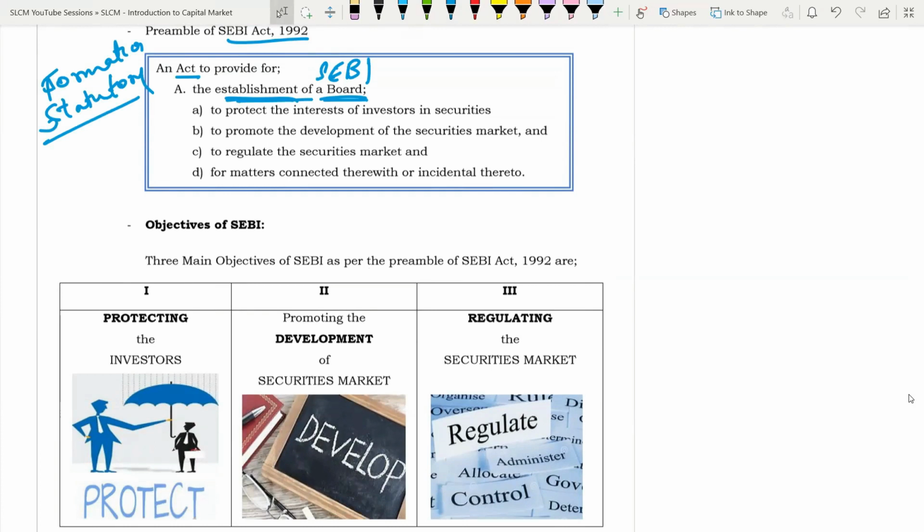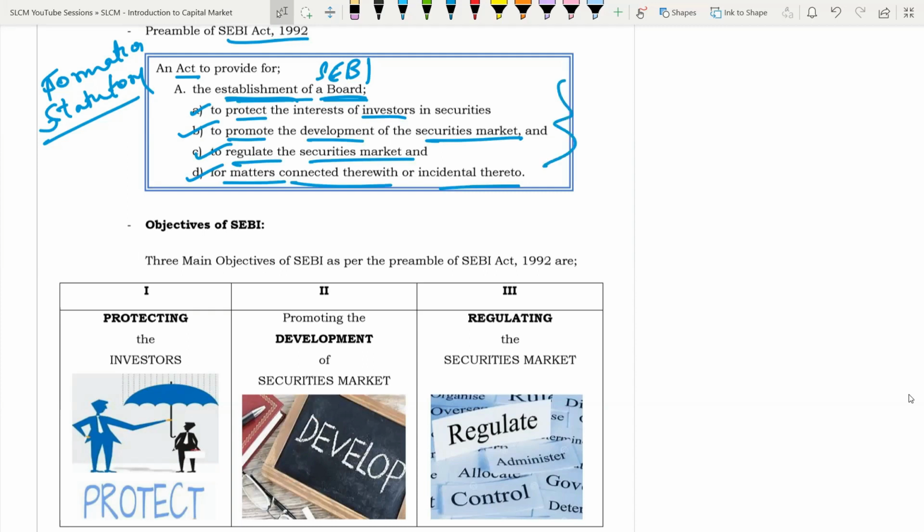But why is there a need to establish it? First is to protect the interest of investors, to promote the development of the securities market, to regulate the securities market, and for any other matter incidental to the above mentioned points.